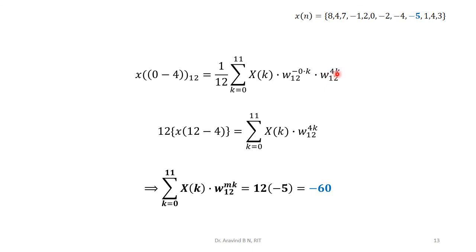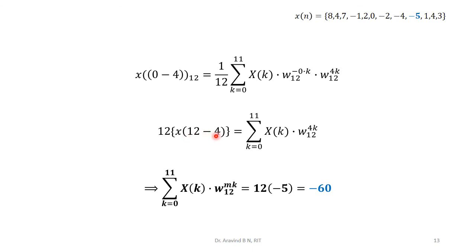So 4 into k we are going to have. Now this is equal to 1. So this term is eliminated and made equal to 1. So now for the right hand part, this 12 has been cross multiplied and now 12 is present over here.